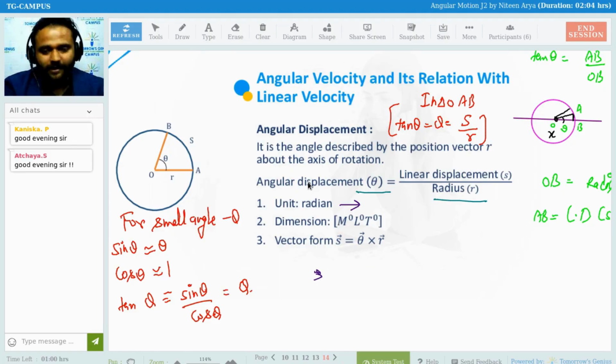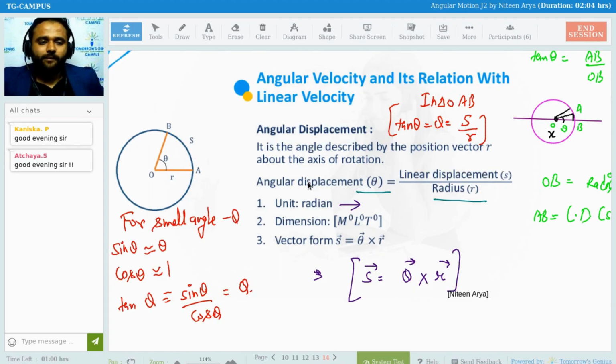S, the linear displacement, is nothing but angular displacement theta into r. Clear? Theta is a number, and from this you can even find why it is M0 L0 T0 dimensionless: this is length also, and this is length also, so length over length is purely a number.